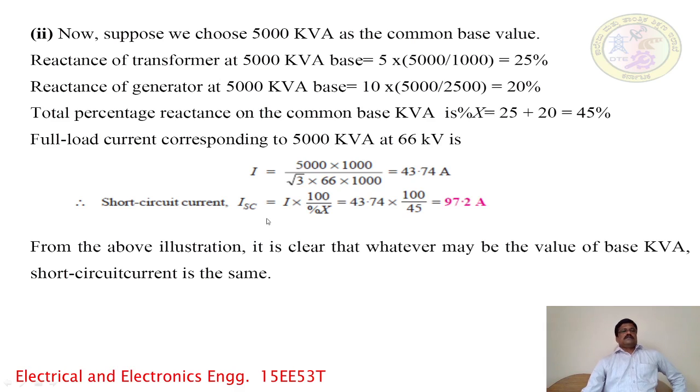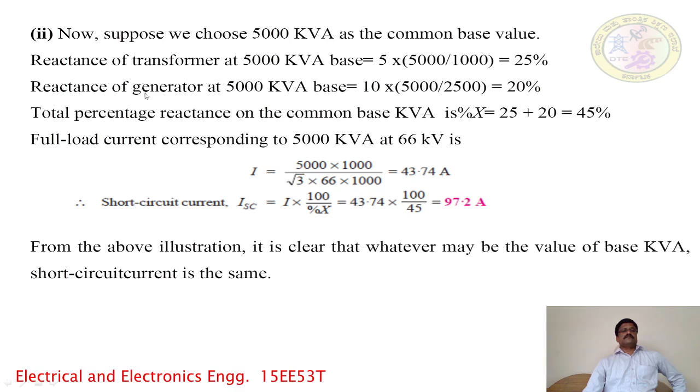Now suppose we choose 5000 kVA as the common base kVA. The reactance of the transformer at 5000 kVA base, by the usual formula, is the reactance of the system into common base kVA divided by rated kVA, which is 25%.